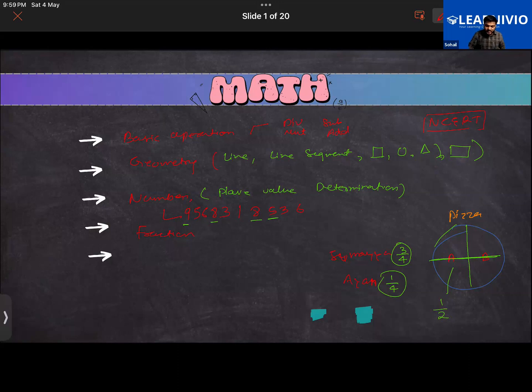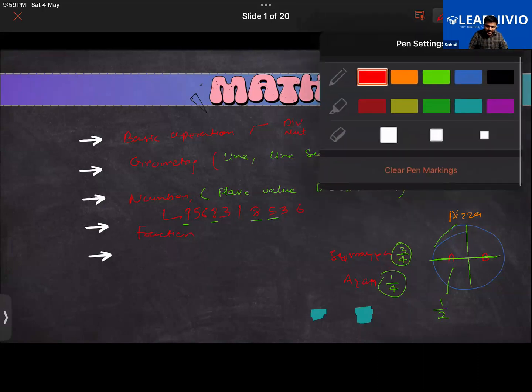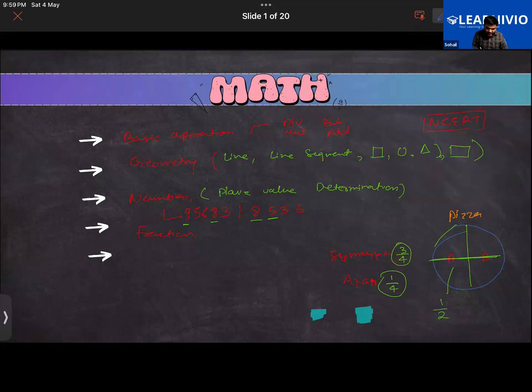Yes. Here we are comparing these two fractions. Although 3 upon 4 and 1 upon 4 are both fractions, which one is greater? 3 upon 4. There's a general way: if you have fraction values like 1 upon 8, 2 upon 8, 6 upon 8, 5 upon 8, which is the greatest fraction?